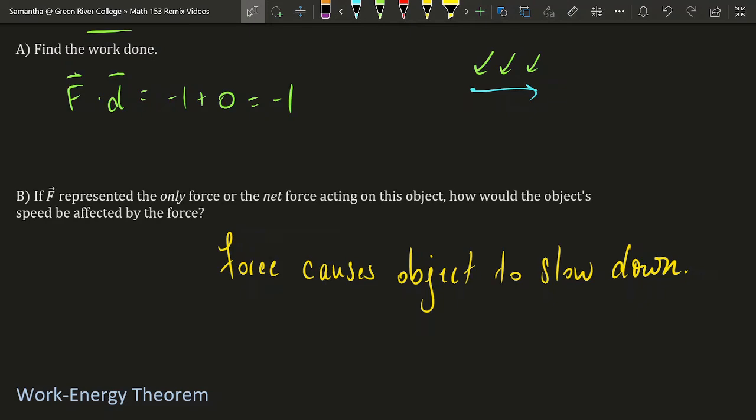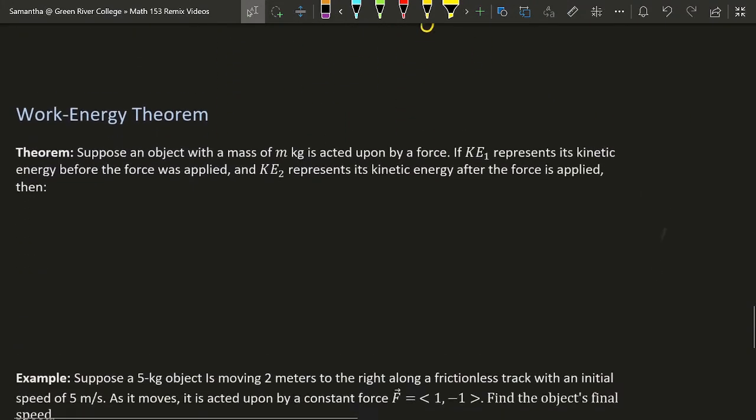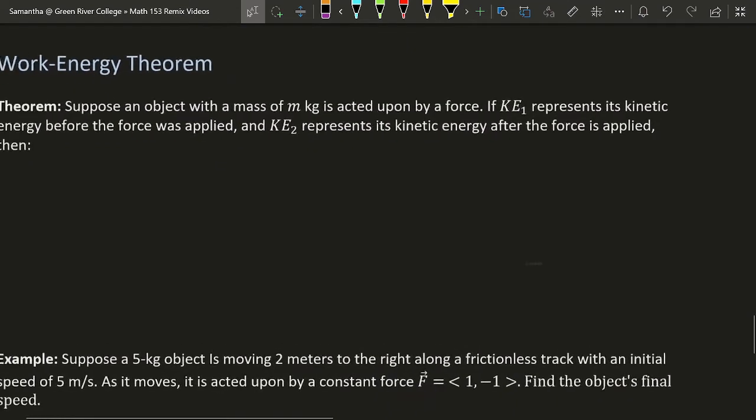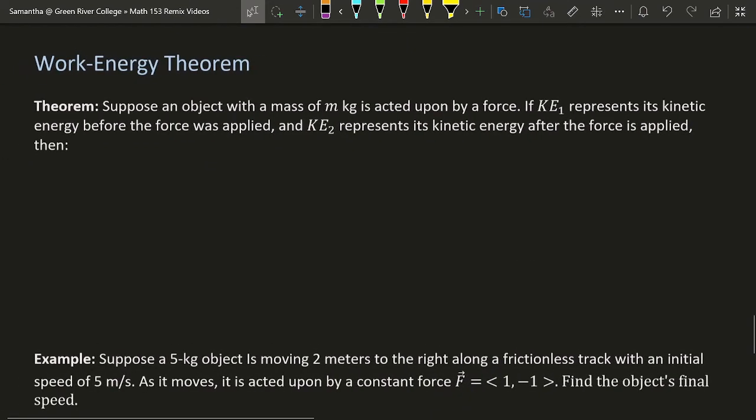And that intuition is captured and is made exact in a physics theorem called the work-energy theorem. It says, if you've got an object with some mass being acted upon by some force, and if you have a sense of the object's kinetic energy before the force was applied, and the object's kinetic energy after the force is applied, what is the relationship between the initial kinetic energy and the final kinetic energy?